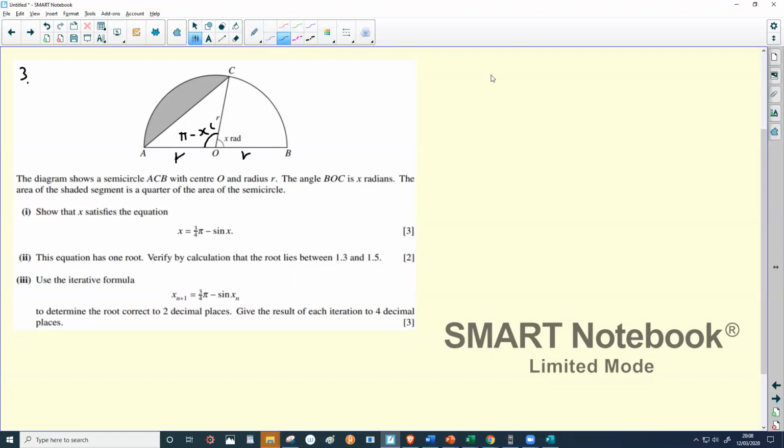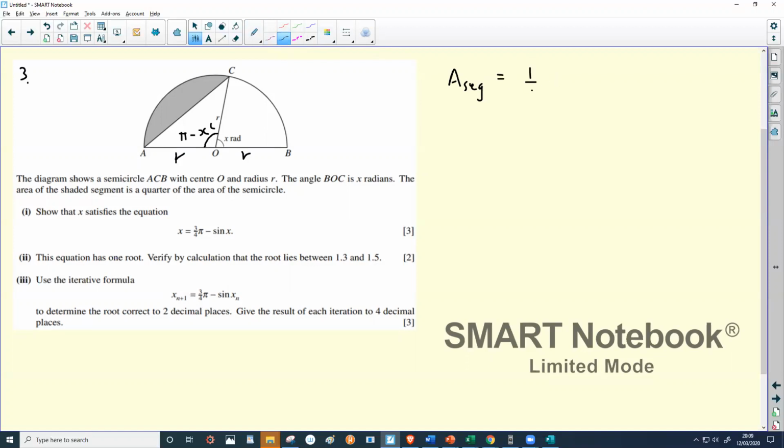So we know that the area of the segment is a quarter of the area of the semicircle. Now, let's work out the area of a segment. We should remember from our work in radians what the area of a segment is.